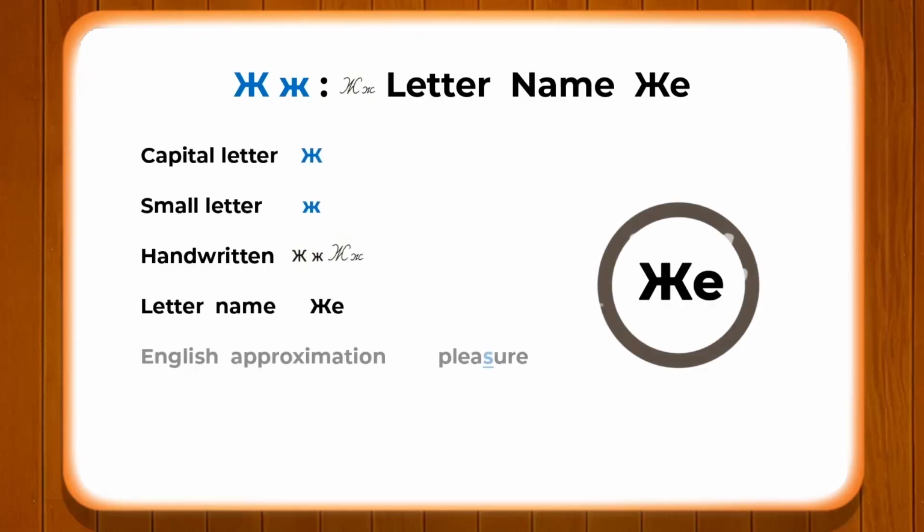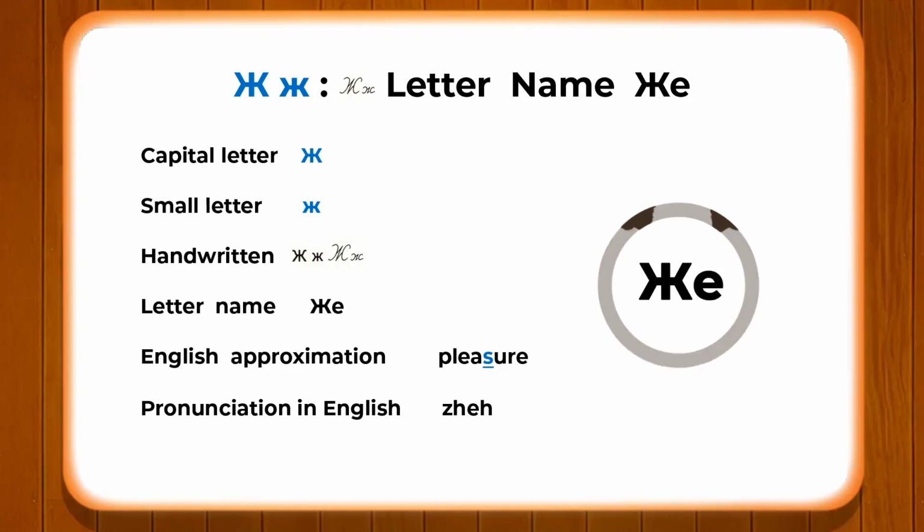The next letter is zh. As you know, this is a very peculiar sound which is only found in Russian, so we have to master it by practicing continuously. I recommend you pay attention so that you understand this sound clearly.